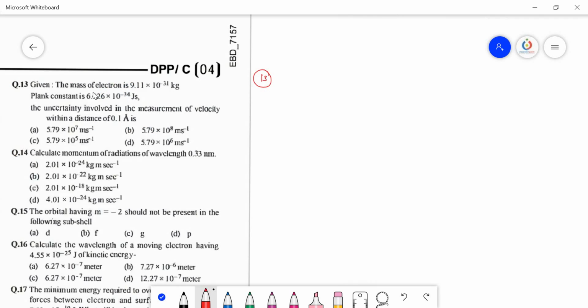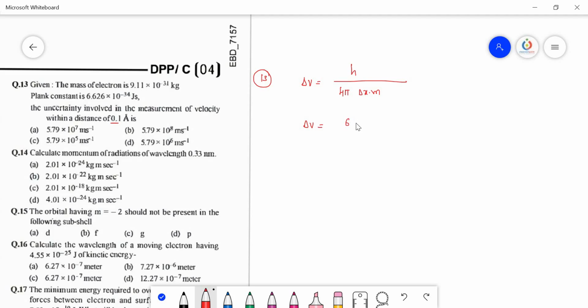Let us solve question number 13. Given the mass of the electron is 9.11 into 10 power minus 31 kg, and Planck's constant is 6.626 into 10 power minus 34 joule second. The uncertainty involved in the measurement of velocity within a distance of 0.1 angstroms is. Let's find the uncertainty in the velocity. Delta v equals h divided by 4 pi delta x into m, according to Heisenberg's uncertainty principle.